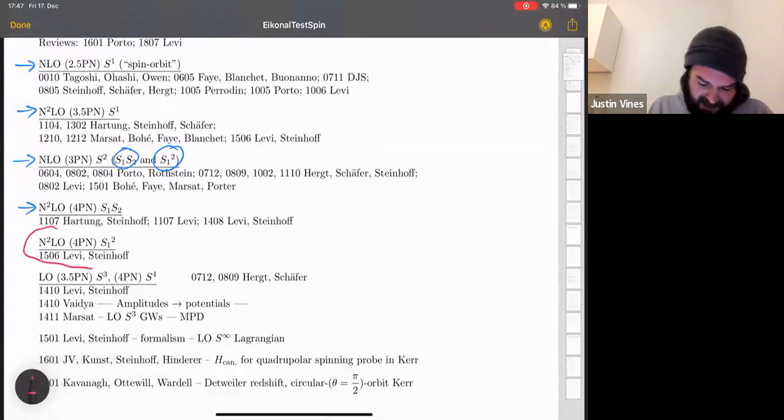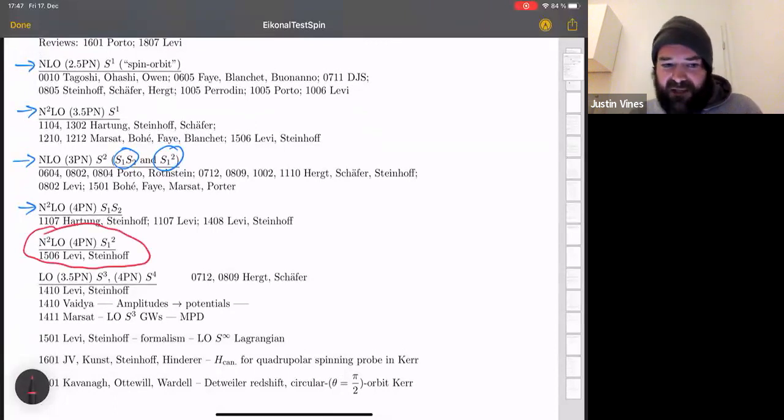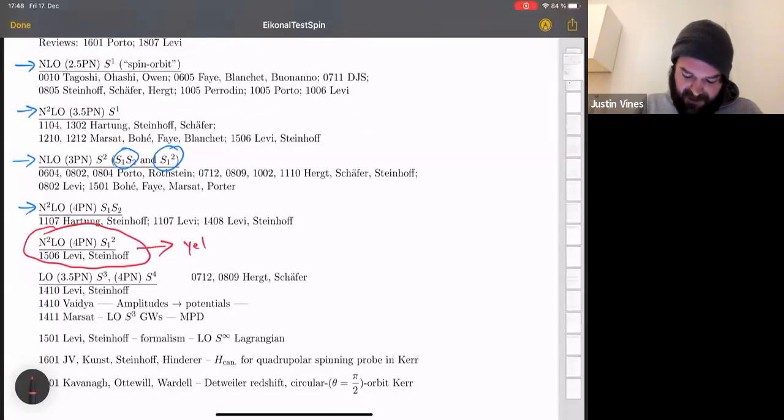which is this, again, heroic effort by Michele Levi and Jan Steinhoff to do the next to leading order PN spin squared, completing the whole spin squared sector. This is one of the only results here that is yet unconfirmed by another group.